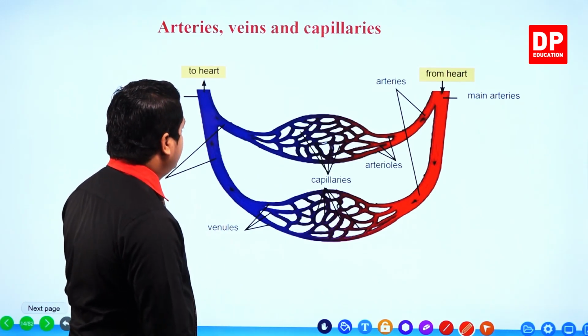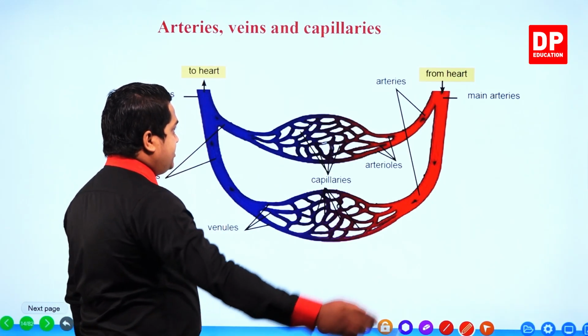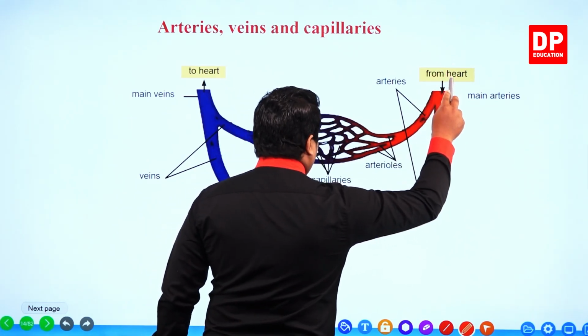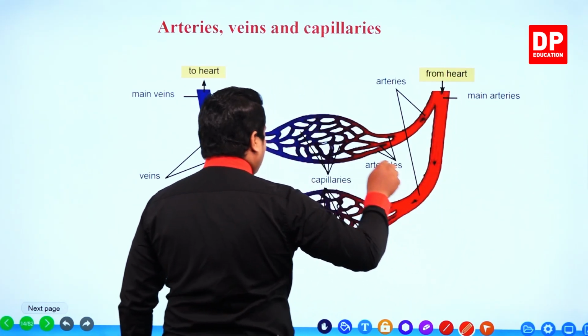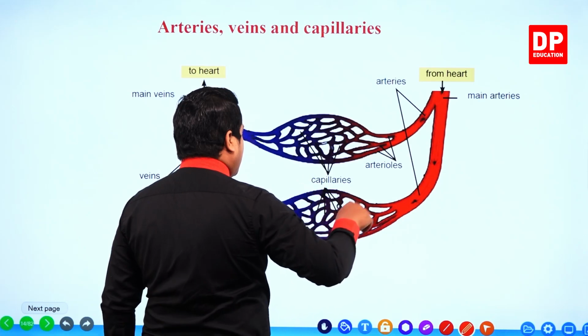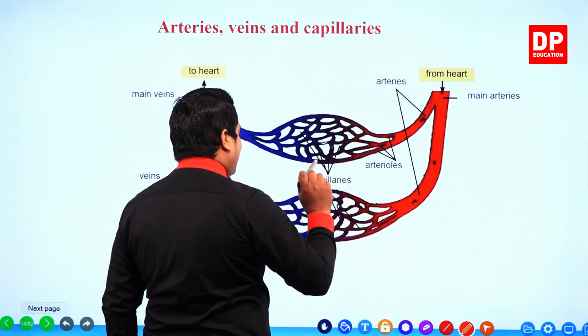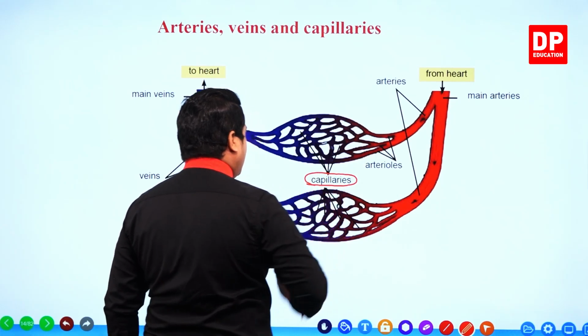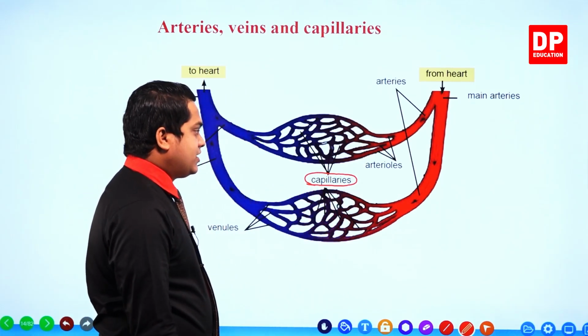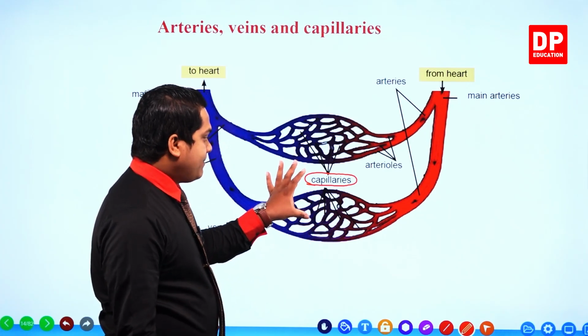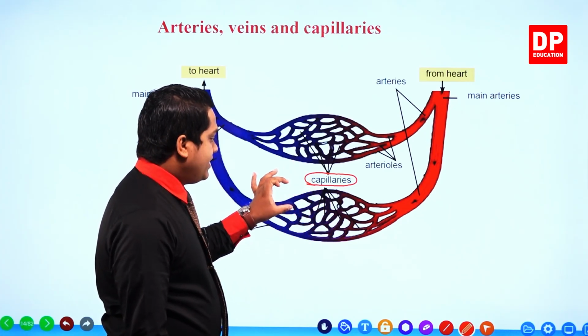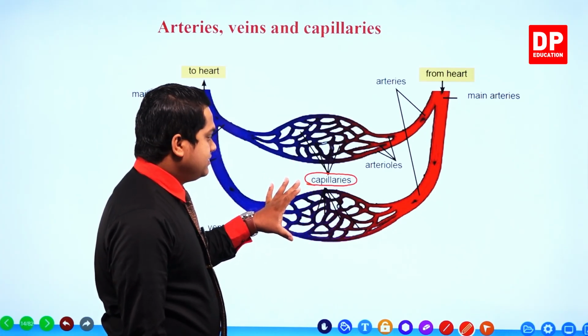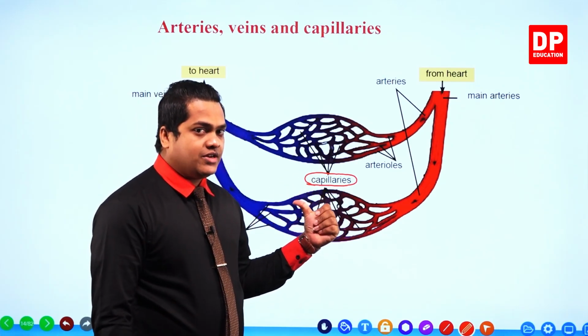The blood which is coming from the heart, the oxygenated blood, runs all around an organ, and within the organ the blood is transported by capillaries. Then these capillaries join into smaller venules to collect the deoxygenated blood.